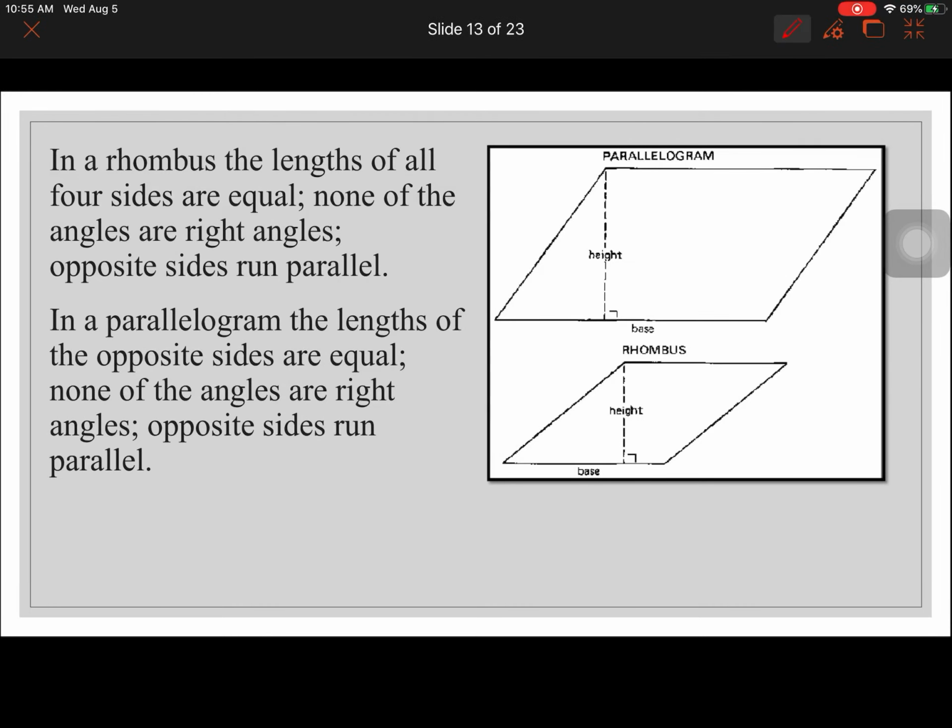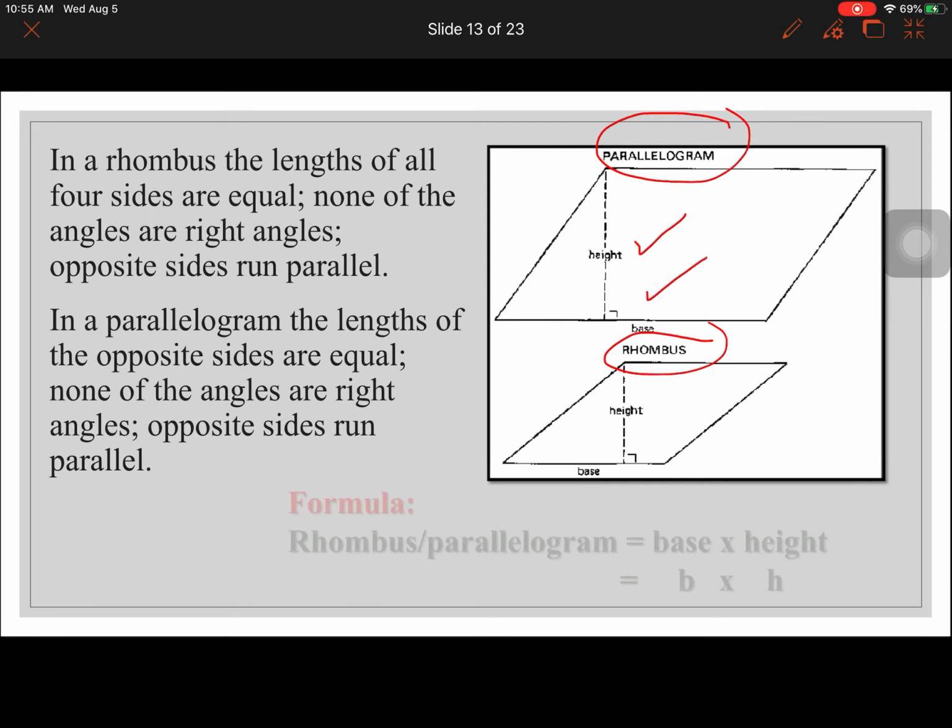Ito po ang parallelogram, samantalang ito naman ang rhombus. To compute the surface area ng parallelogram and rhombus, we use the height at saka base ng parehas na shape. So, ang formula na gagamitin to compute the surface area is base times height, or B times H.